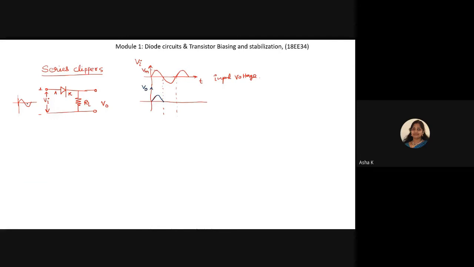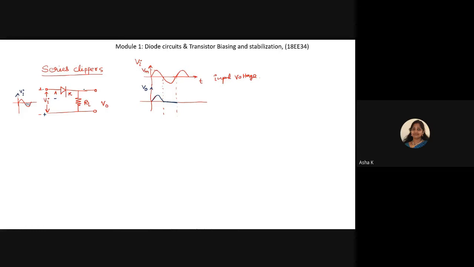But what happens when the negative half cycle is applied to the diode? The polarity is reversed, so during the negative half cycle of the input, the anode will be more negative compared to the cathode. In such cases, the diode is reverse biased, and when it is reverse biased, it does not allow any current.